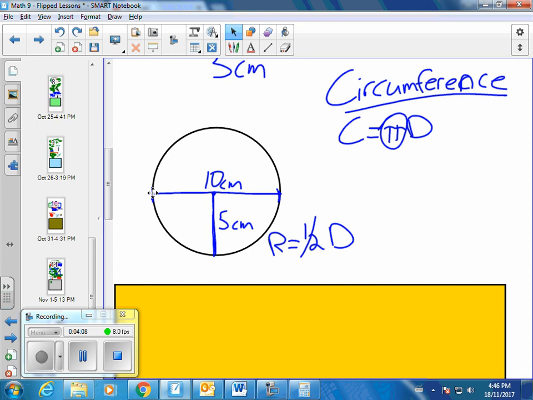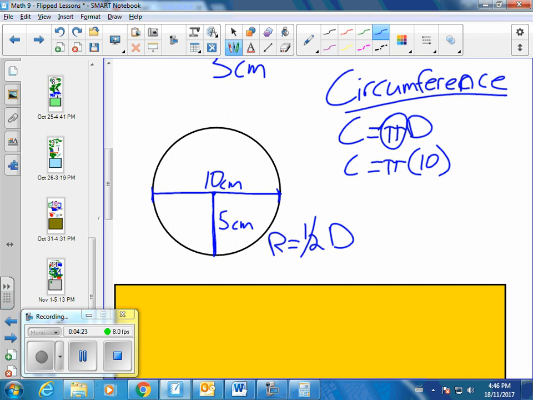So if we're going to figure out how much the circumference of our circle is, then we are going to simply follow our formula. So C equals pi times the diameter of our circle, which we know is 10 centimeters. I go ahead and just punch that into my calculator.